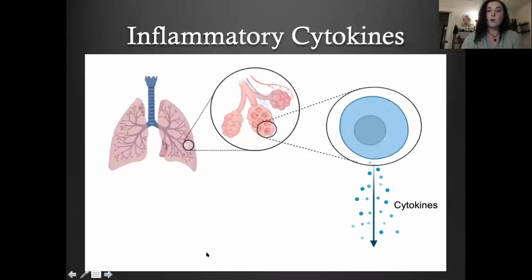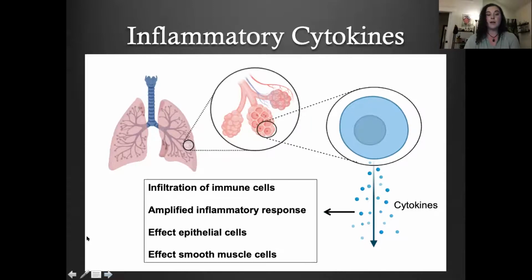The last important bit of background information is the inflammatory response to hypoxia. And so as you can see again from these zoomed in alveoli, we do have resident macrophages and neutrophils and other immune cells present in our lungs. And those immune cells, when they receive a certain stimuli, will release proteins called cytokines. These cytokines are the main proteins that regulate our immune response.